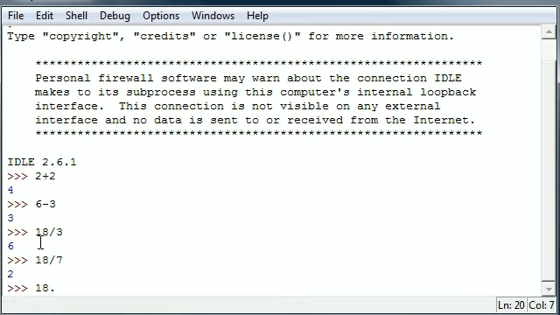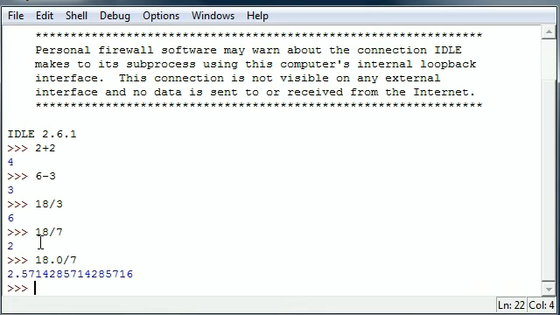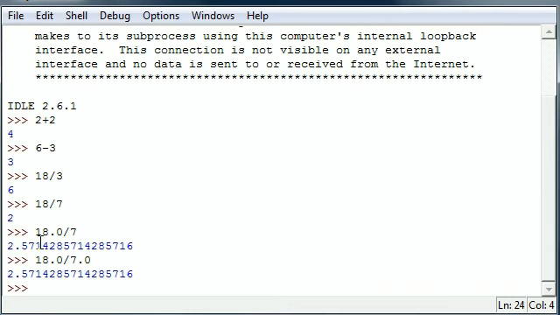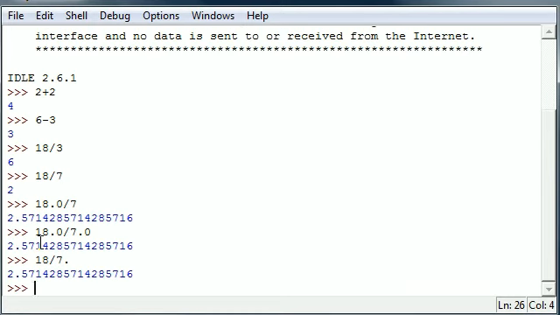So 18.0 divided by 7, that will give you your answer. You can also do 18.0 divided by 7.0, and that will give you your answer. Or even 18 divided by 7 and just put a point, and that tells Python that you want a decimal point as your answer, and that'll give you your float answer too.